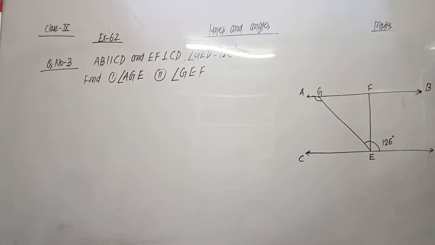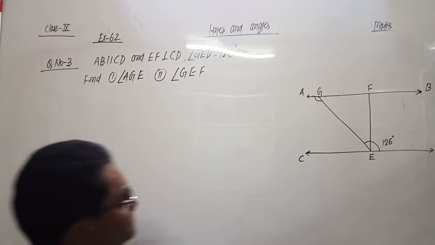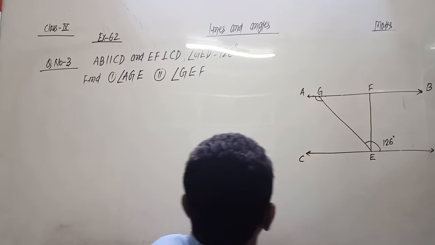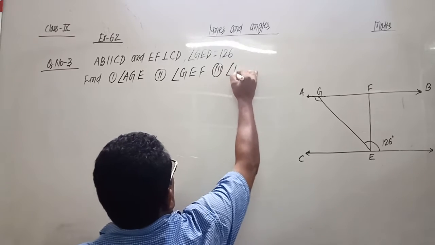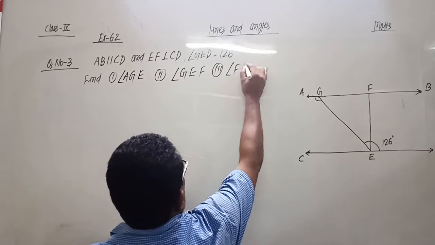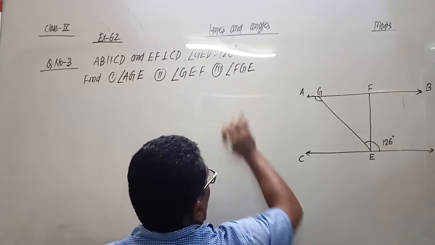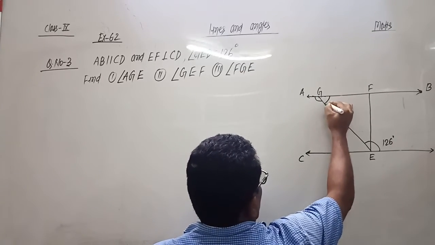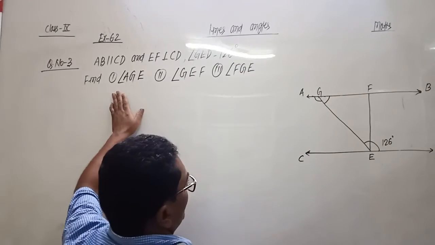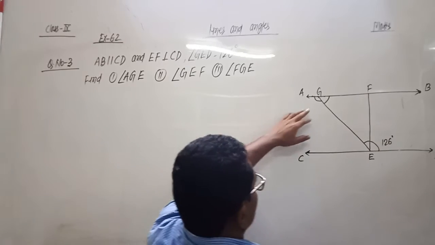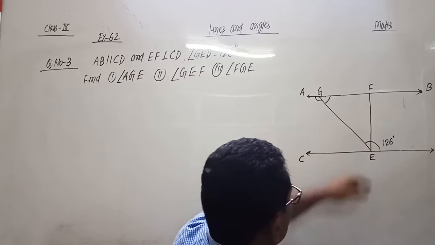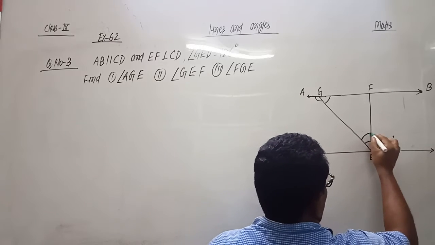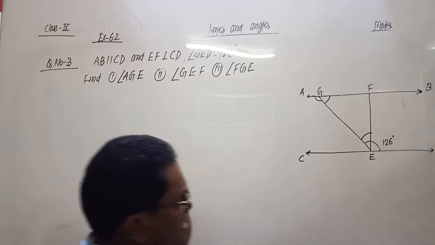And then we have to calculate angle FGE. Third, we have to calculate angle FGE. FGE means this angle we have to calculate, AGE means this angle we have to calculate, and GEF means this angle we have to find.